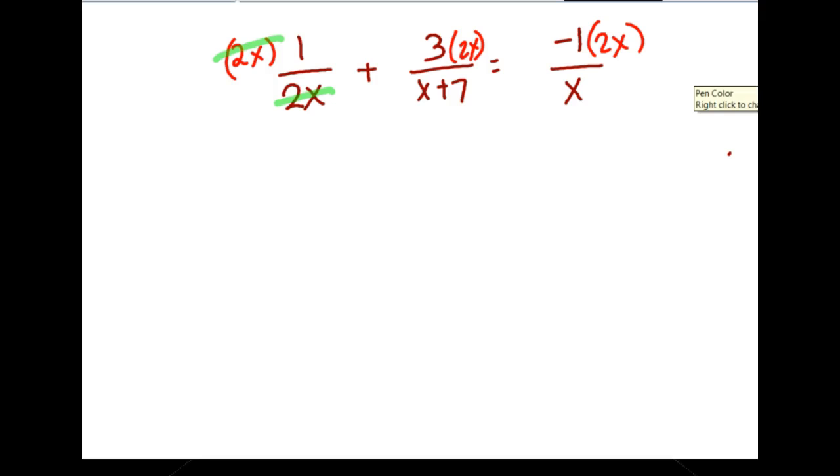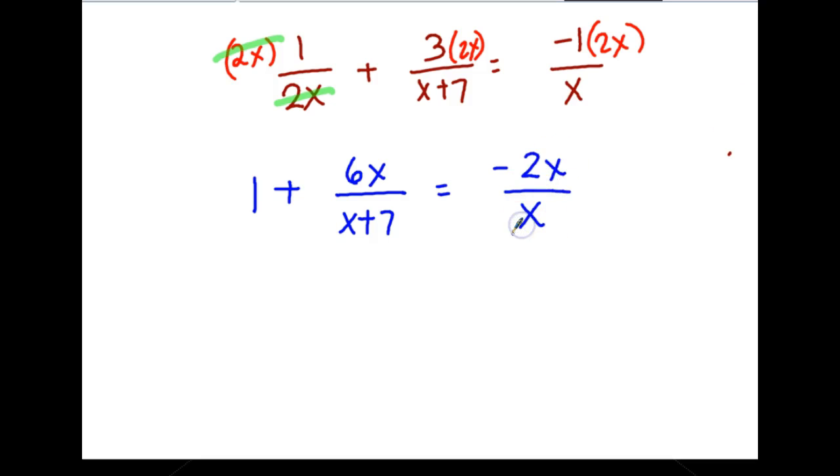So we're going to have 1 plus 6x plus 7 equals minus 2x over x. And then what? What are we going to cancel out next? X plus 7, x plus 7, x plus 7.